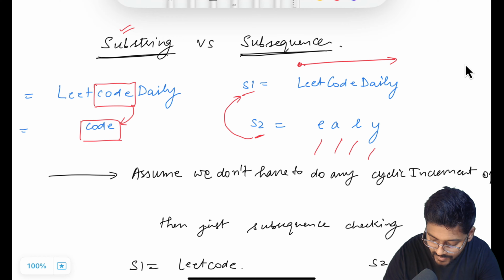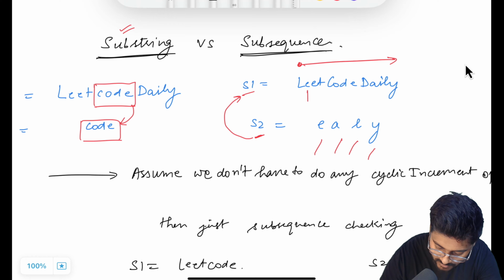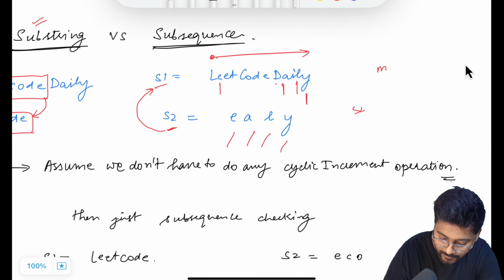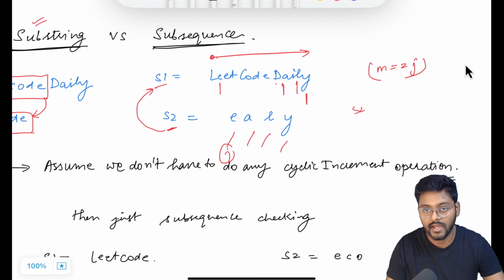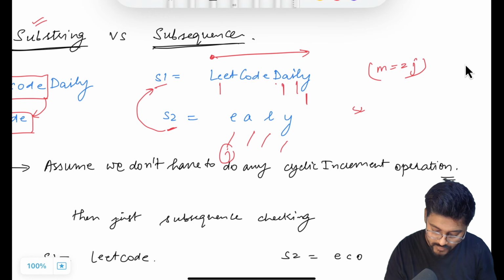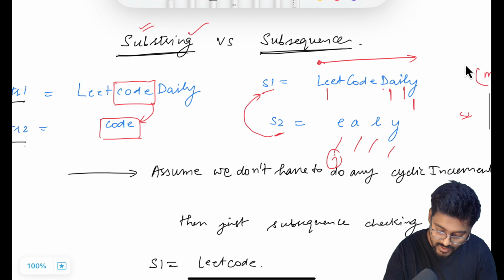All of these characters E, A, L, Y come in string 1 in order. Firstly E comes, then after some time A comes, and then L, Y. After that iteration, if all the characters of string 2 are covered, that means the length of string 2, M, is equal to the pointer J, then we conclude that string 2 is a subsequence of string 1, because we have encountered all the characters. So this was the difference between substring and subsequence.